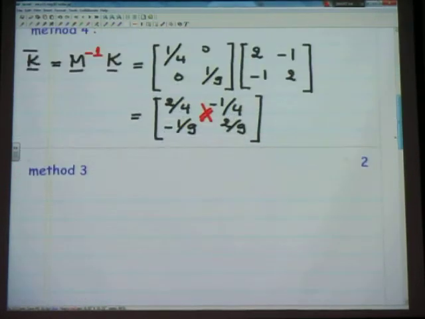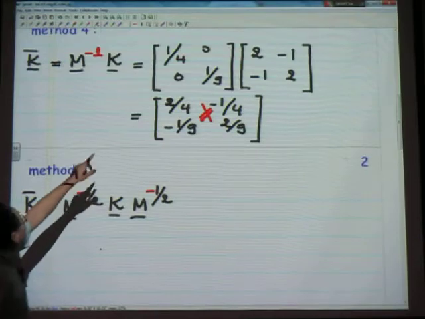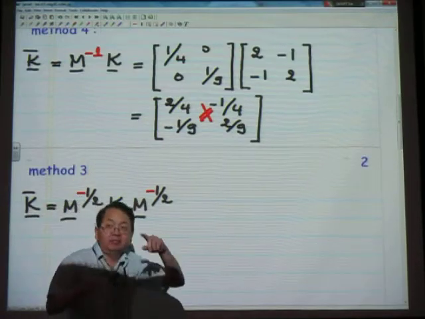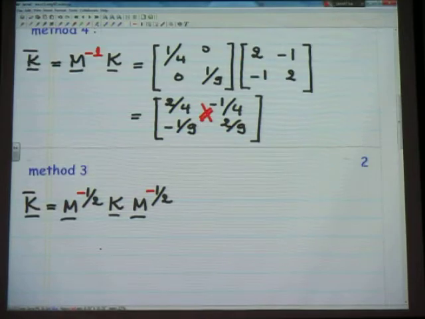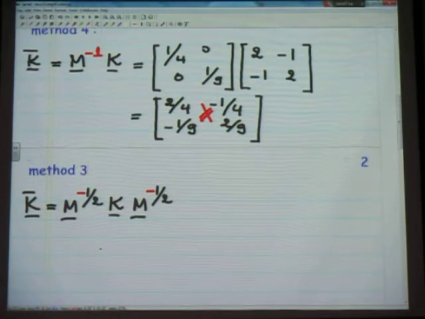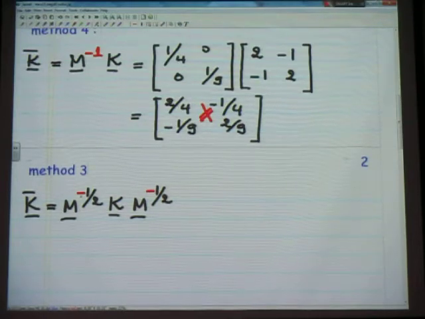Then let's copy down here. Do you remember what m to the power 1/2 was? It's just by taking the square root of m. So that's 2, 0, 0, 3. And now you have the power minus 1/2, so that means the inversion.